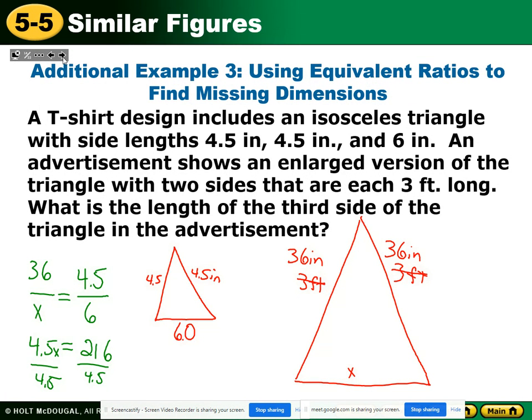X equals 48. All right. So hopefully, Trenton, if you see that, did you realize? Yeah, I did. But yeah, that happens. We put them in backwards sometimes. Oh, so 48 inches. Okay. That is bigger than that, right? 6 is bigger than 4.5. So would it make sense that 48 should be bigger than 36? Yeah. So you can kind of see that it's right.